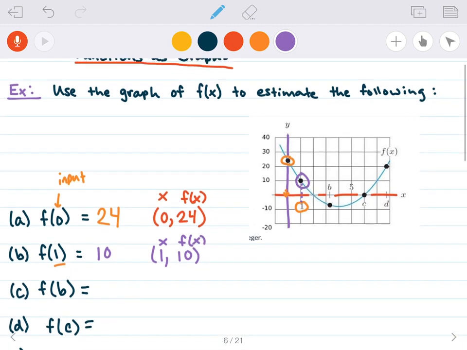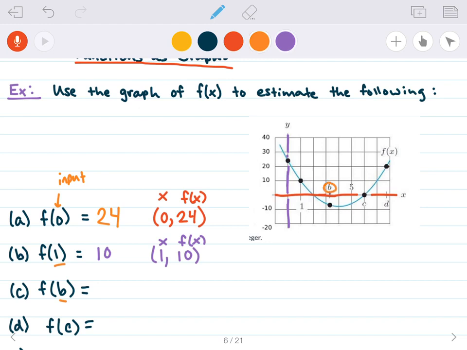Okay. Let me go ahead and erase some of this just so it's not so messy. All right, so the next one is f of b. So b is not a number, but that's okay. It's in the parentheses, so it's an input. So that means we're looking at the horizontal axis. So when x is b, whatever that may be, what is f of x?